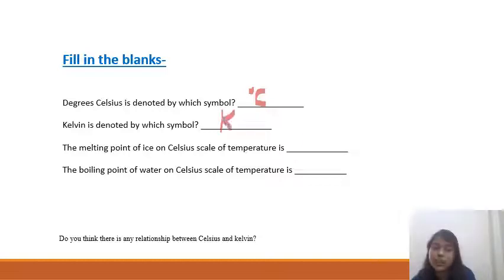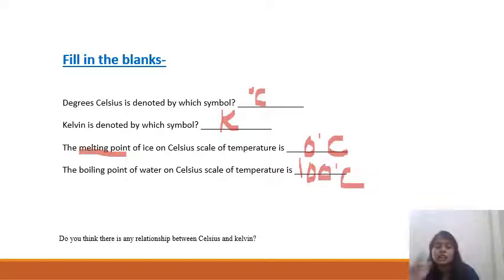It is denoted by K. The melting point of ice on the Celsius scale of temperature is 0 degrees Celsius. And the boiling point of water on the Celsius scale: water starts boiling at 100 degrees Celsius.